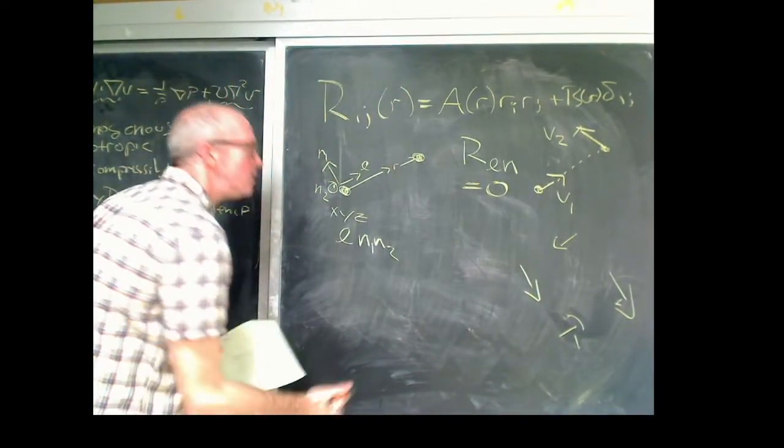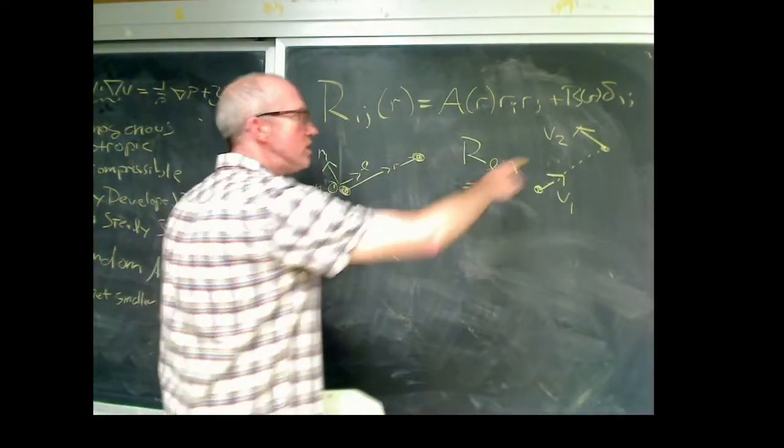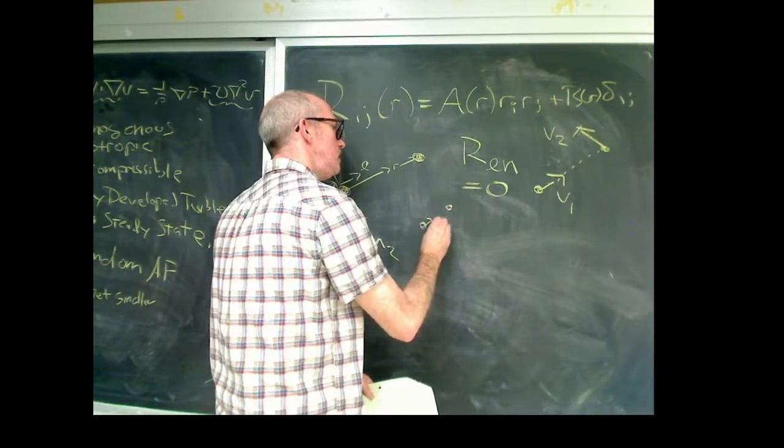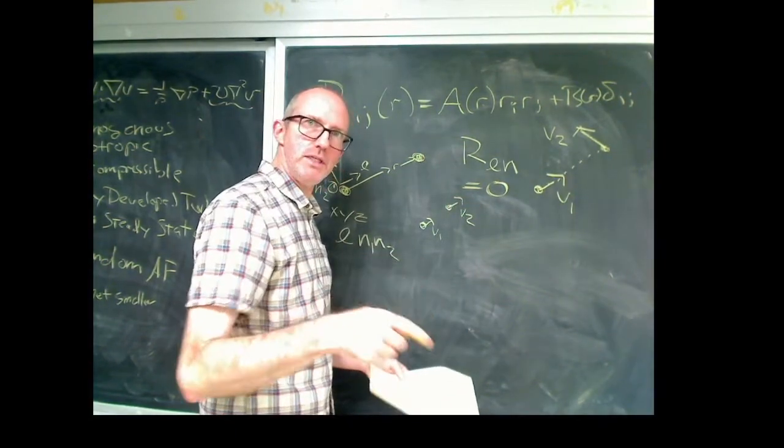Let's think about just the longitudinal and the longitudinal. So here's point A, here's point B, here's V1, here's V2. V1 and V2 are collinear.